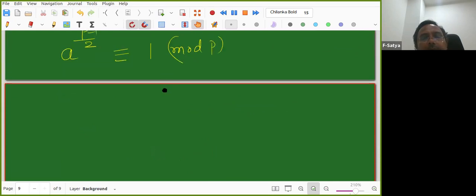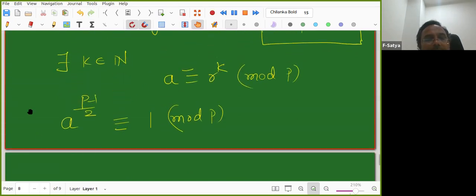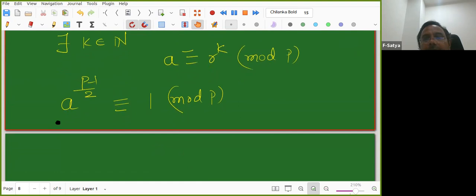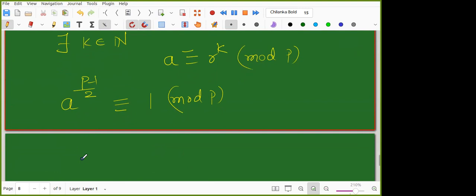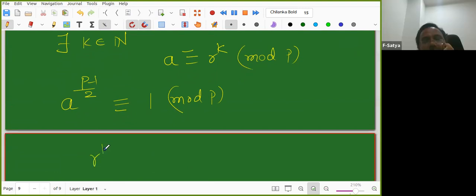Can you say what I have to do from now onwards? We can substitute for a. Then it is (r power k) power (p minus 1) by 2 is congruent to 1 mod p. Okay, this much is fine. What next?